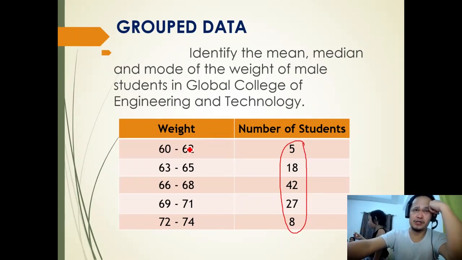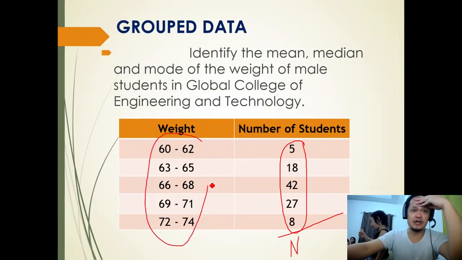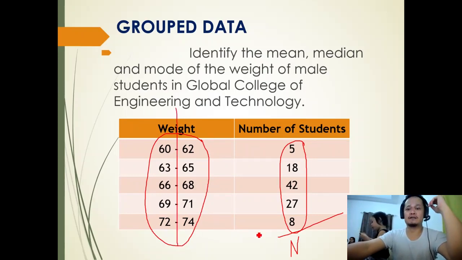Now if you take the sum of these, this will be your capital N. Later on, we will find your x. Now x can be found by taking something out of these class intervals here.